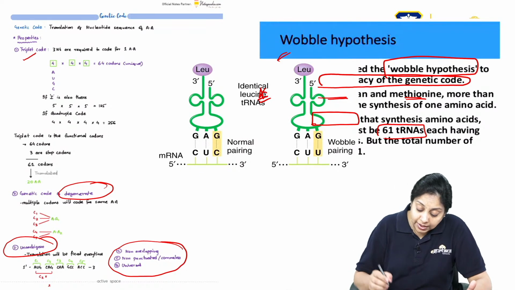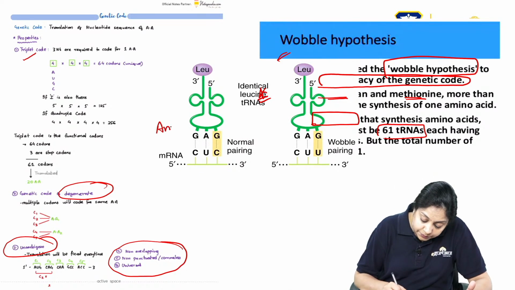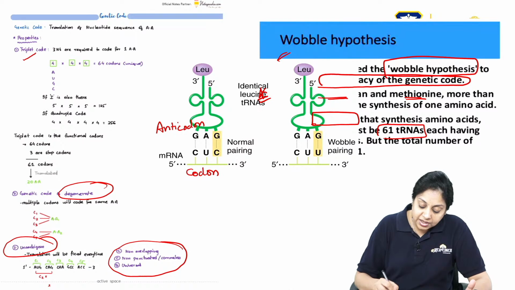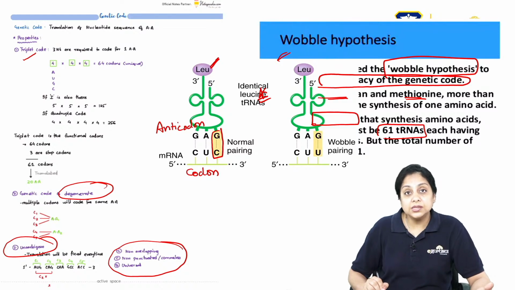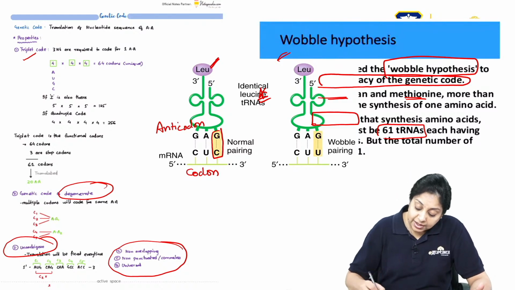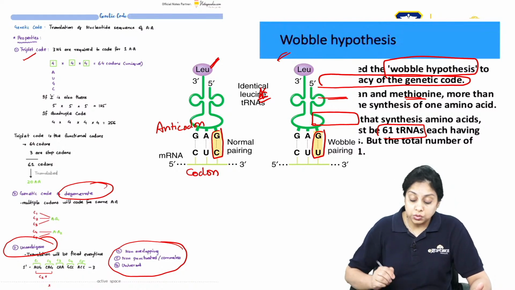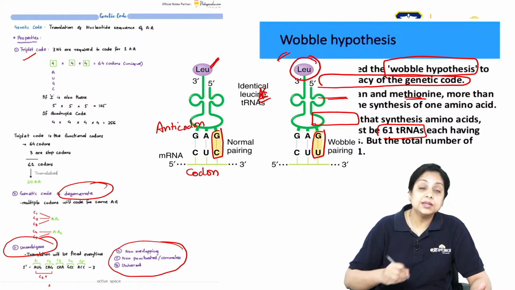Here is your anticodon. The anticodon is always on the tRNA, and this is your codon. Normally, G base pairs with C to code for leucine. But according to Crick, based upon the Wobble hypothesis, G can also base pair with U for the same leucine.